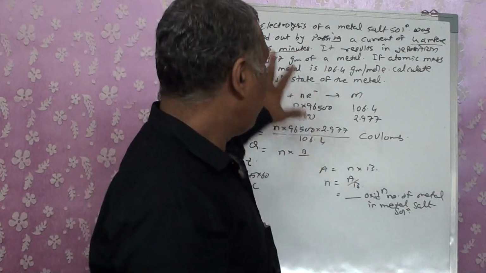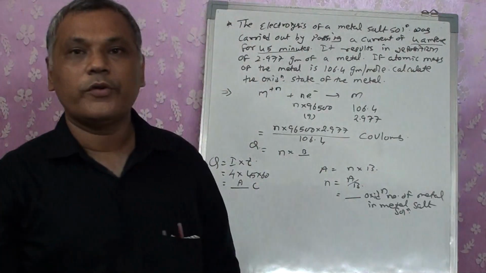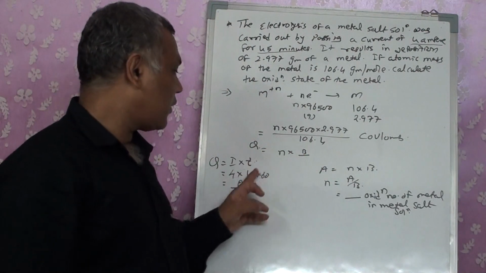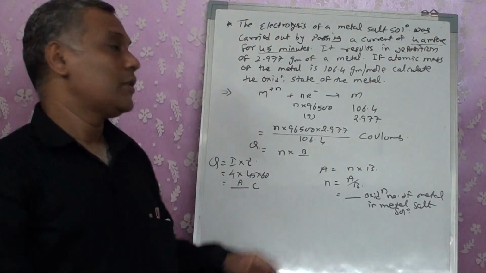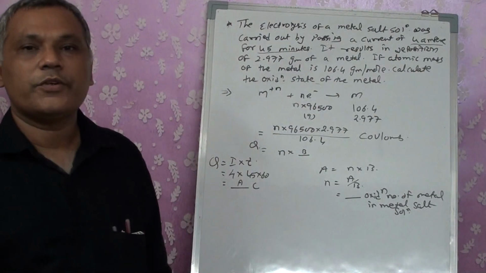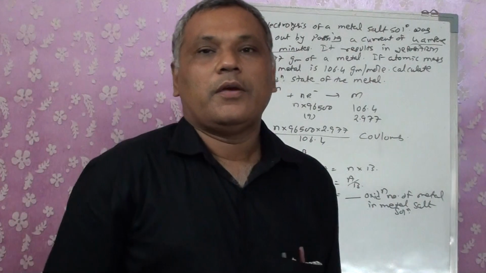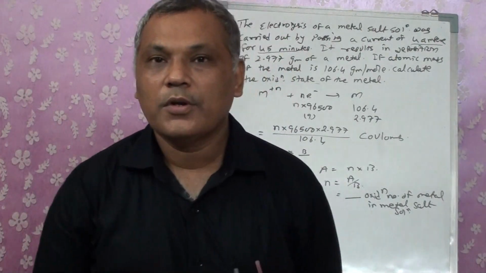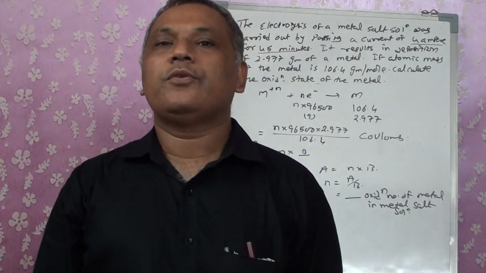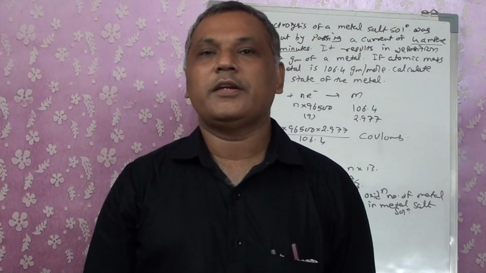Q equals I into T is one of the formulas required for electrolysis, and the second one is equations. Make a practice of the different numericals given in our textbook in the exercise, as well as the notes I have given you with numericals indicated in them.